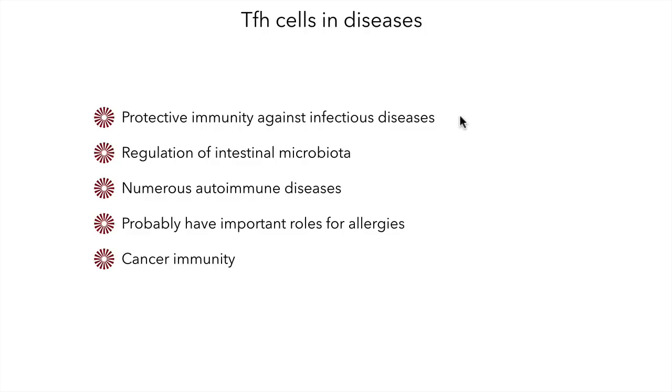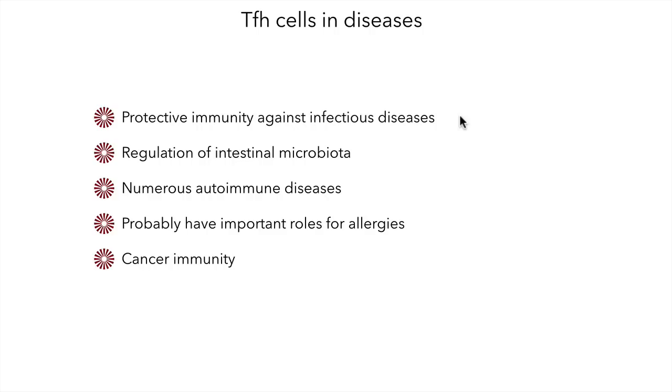Conversely, interestingly, there are rare individuals who make very potent neutralizing antibodies against HIV, and these antibodies are referred to as broadly neutralizing antibodies. One important question has been, why are there rare individuals who can make these antibodies, but most HIV-infected people cannot?